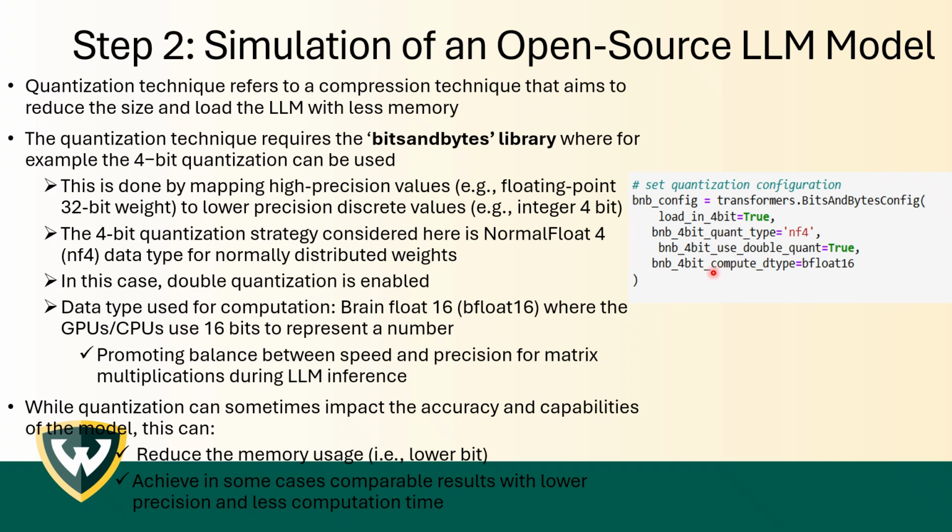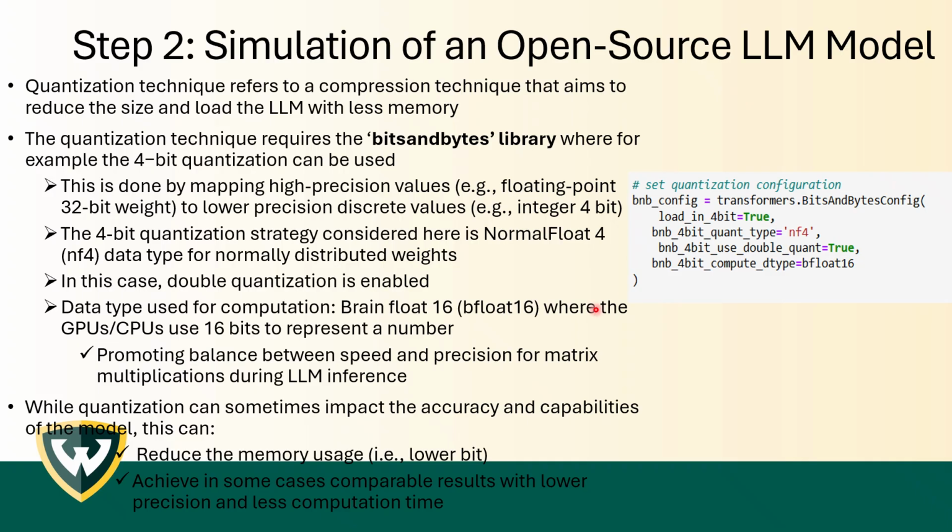The data type used here for computation is bfloat16, where the GPUs, CPUs use 16 bits to represent a number. So this is like compressing the LLM parameters with 4 bits, but during computation, the parameters are computed using 16 bits to get a higher precision.